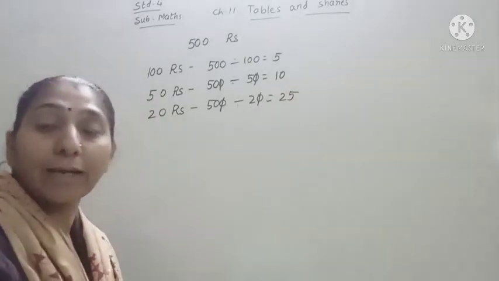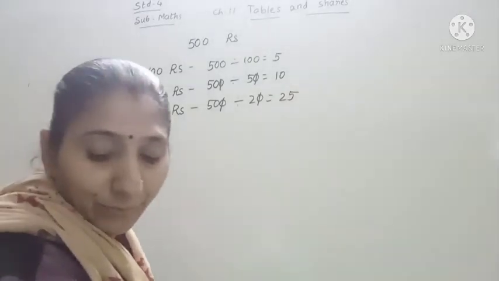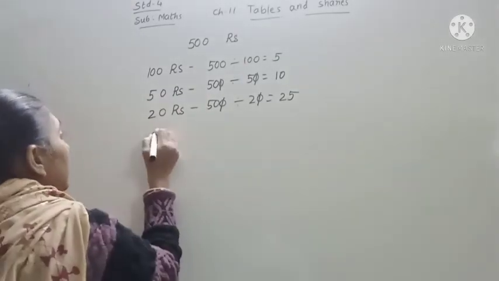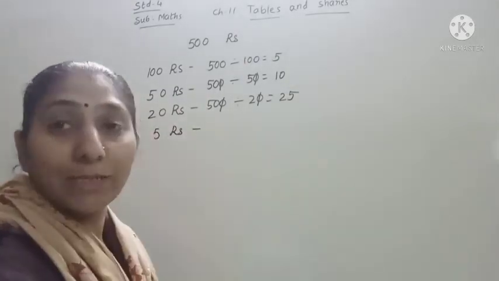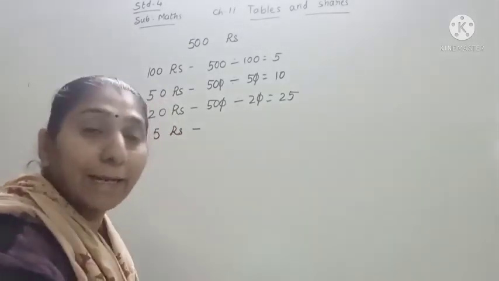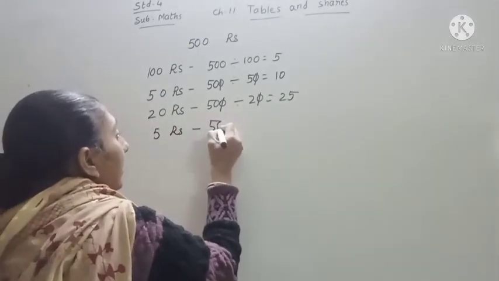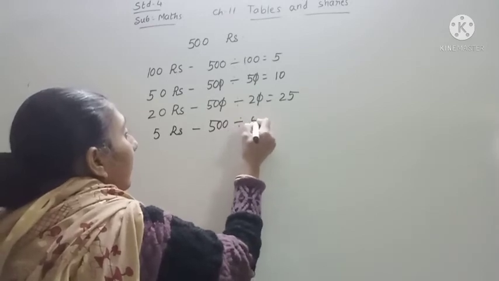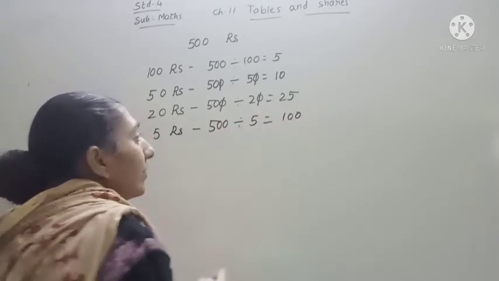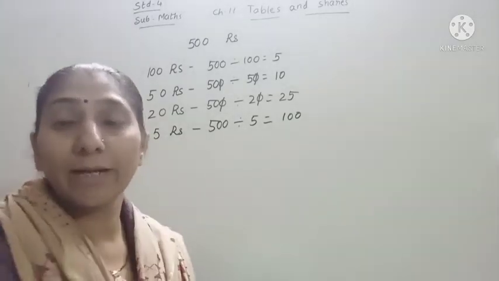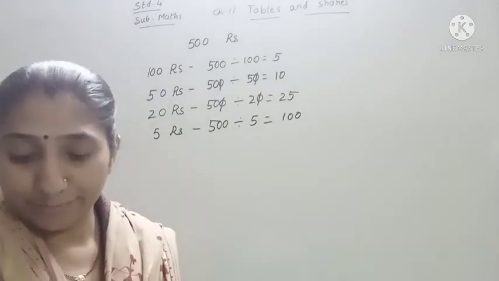How many notes are needed? 25. And if all are 5 rupee notes, 500 divided by 5 is equal to 100. How many 5 rupee notes are needed? 100.